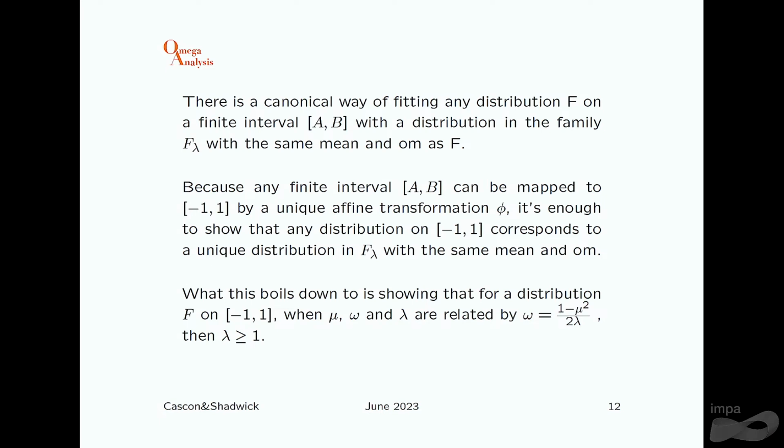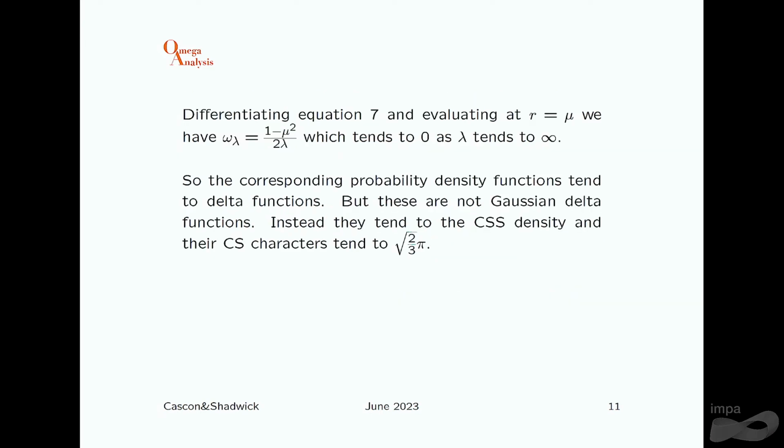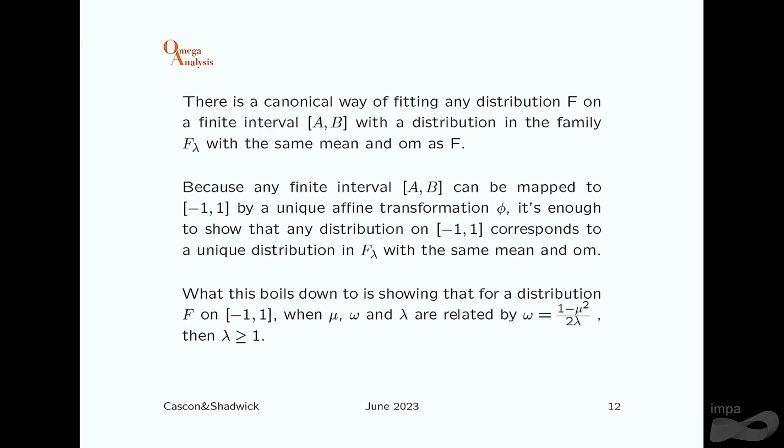In fact, that's sort of where we started. When lambda is equal to 1, this is the Bernoulli distribution. Okay. So we have to show that no matter what mu and the ohm are, this relationship will always give us a unique value of lambda, and that value would be greater than or equal to 1.